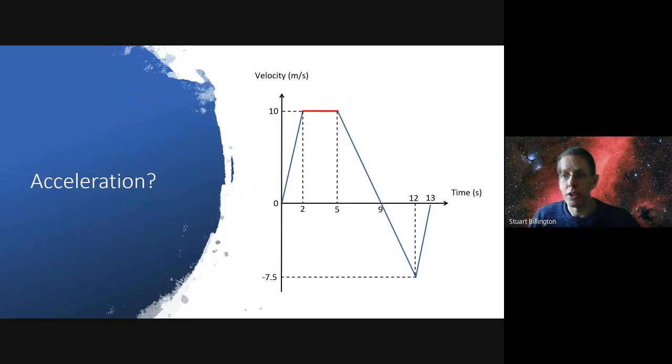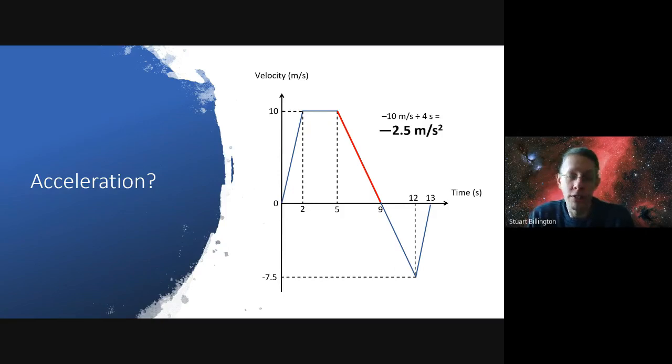Okay, let's try the next one. Could you please tell me what the acceleration is for this portion of the line? Remember, it's change in velocity divided by the time taken. Okay, so I had lots of 2.5s come at me, but remember, it's lost velocity. It was 10 and now it's 0.